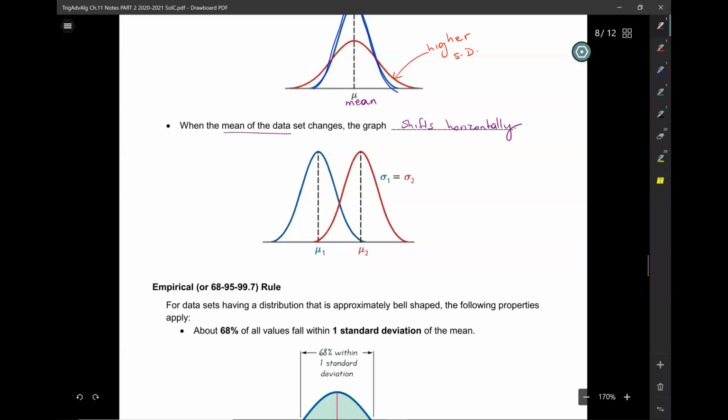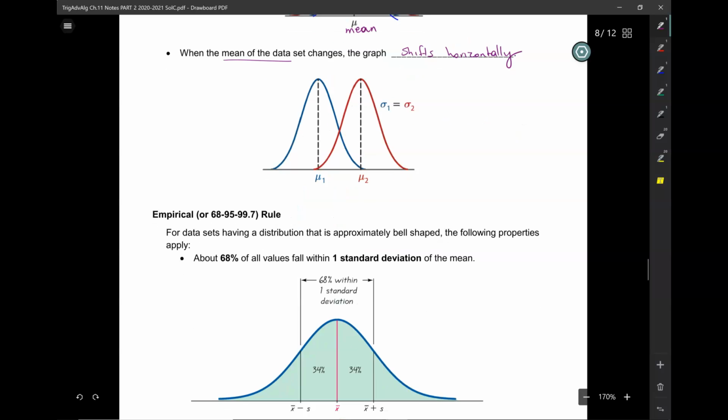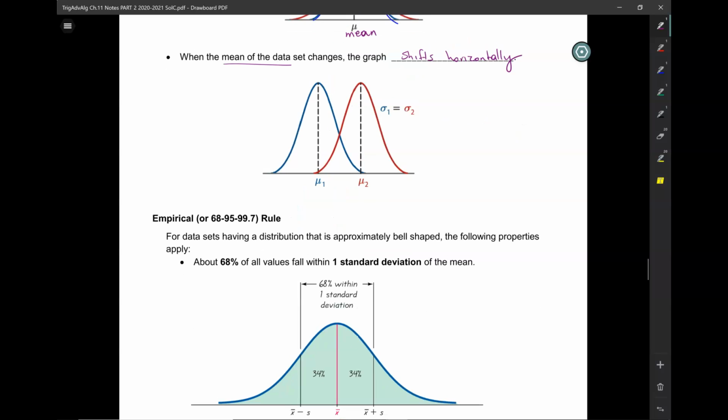Now, here's the big idea. Remember how we said every single data point is included underneath the normal distribution? It just so happens that when a data set follows the normal distribution, it is like the written law of the land that the same percentage always falls within the same range.